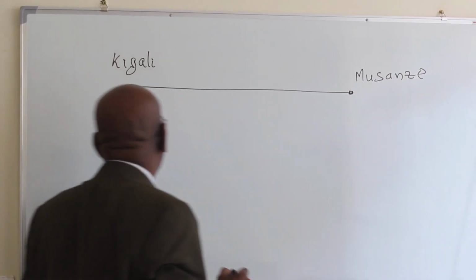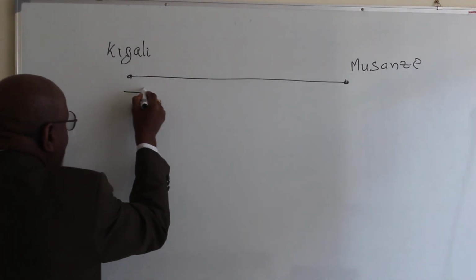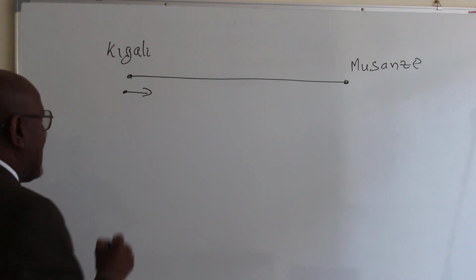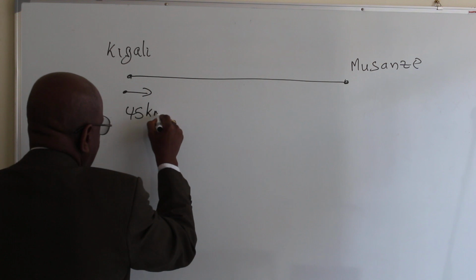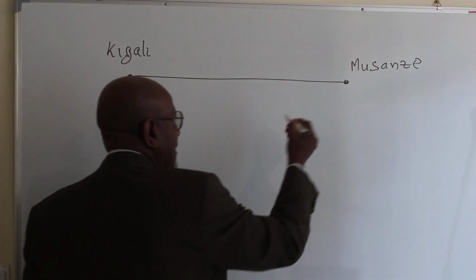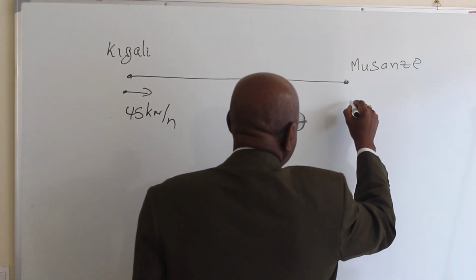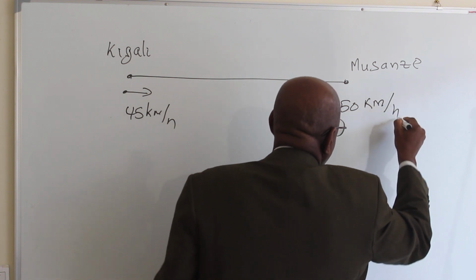The car from Kigali travels towards Musanze at a speed of 45 kilometers per hour, and the car from Musanze travels towards Kigali at a speed of 50 kilometers per hour.